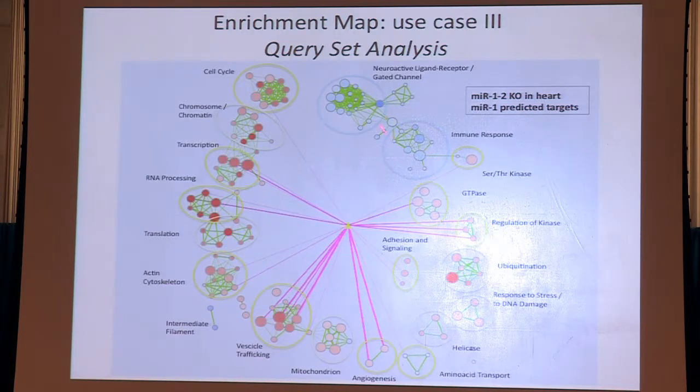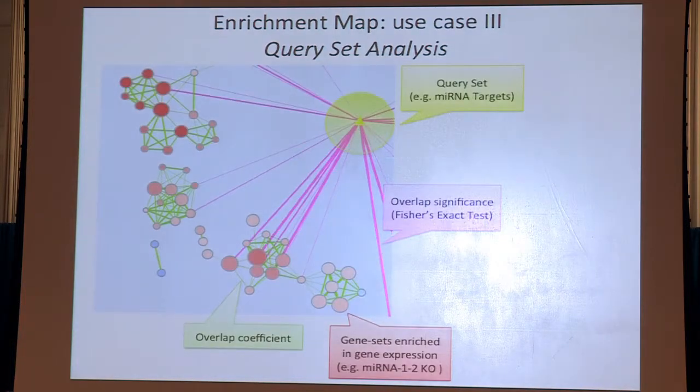It's nice to see that none of the pathways that are going down are directly targeted by the microRNA, as validation of what we'd expect. So again, just zooming in here, the enrichment map shows the pathways, the pathway activity in the experiment, and then the query set is an additional set of genes that you can add and look for overlap with those pathways.